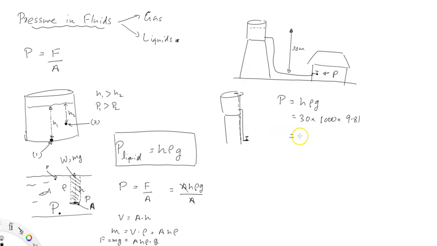It gives you 294,300 newtons per meter squared, or we can say pascals, or you can say 294.3 kilopascals. Right? So this is how we find the pressure due to a liquid. Okay, let's move on.